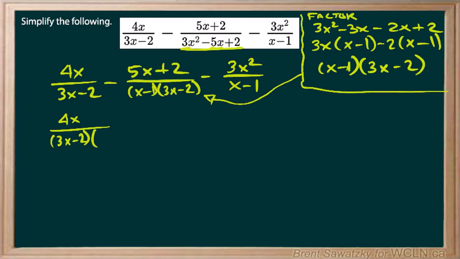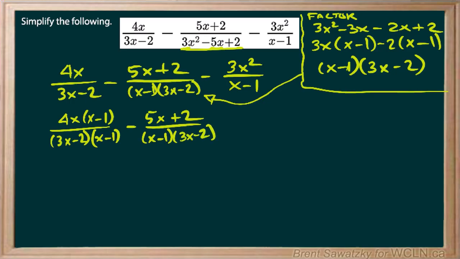All right, and in order to get that common denominator that we've established, we would have to multiply that by x minus 1. And now we have it. But whatever we do to the bottom, we'll do to the top. Keep things legit. Now, that second one, we have nothing that we have to do to that because it already has the common denominator in place.